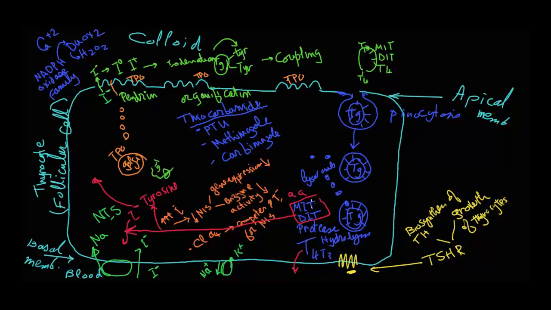This enzyme is specific to MITs and DITs. It doesn't deiodinate T3 or T4, which now find their way out by diffusion into the blood. And as I said, the result of deiodination of MITs and DITs is iodide, which is recycled, used again for hormone synthesis, while tyrosine is an amino acid that enters into the general pool of amino acid metabolism.